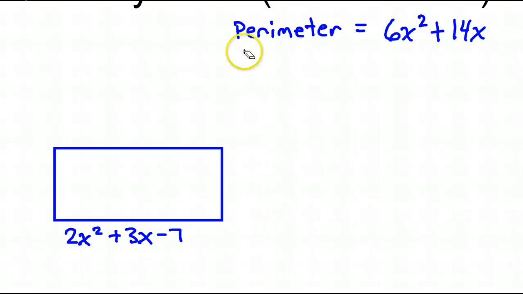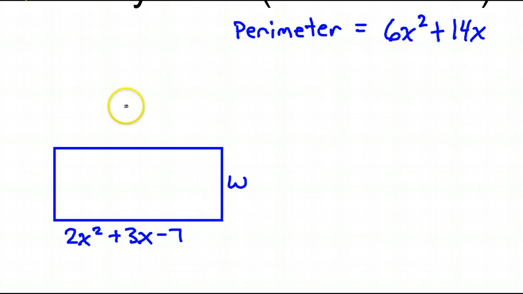Okay, so they told us that the perimeter is 6x squared plus 14x, and they told us that the length of the backyard was 2x squared plus 3x minus 7. Alright, and we are supposed to find the width, which for now let's just call it W. So our goal is to find out what W is.